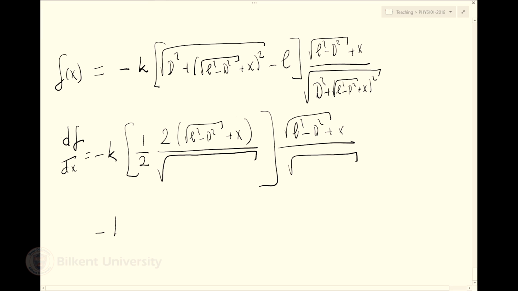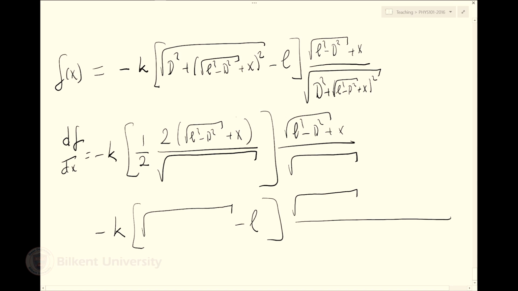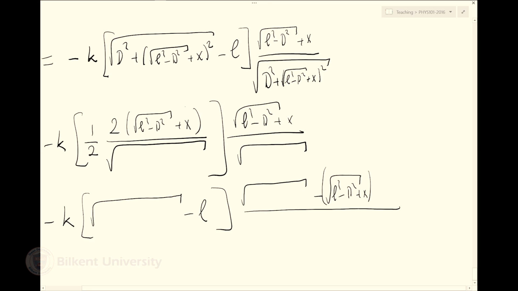Plus, I'll have the same thing, square root minus L. Now I need to take the derivative of what's here. The derivative of that is the derivative of the numerator times the denominator minus L square minus D square plus x times the derivative of what's inside that square root.